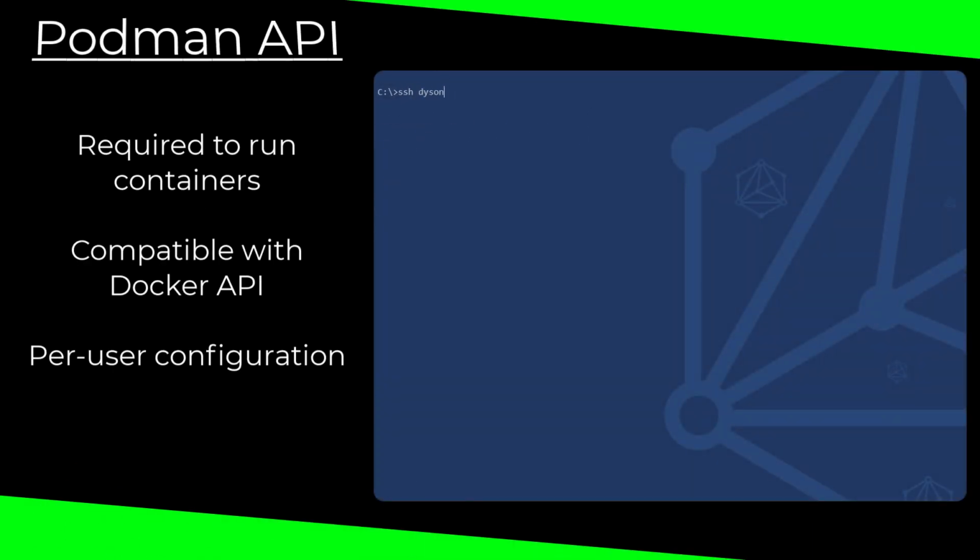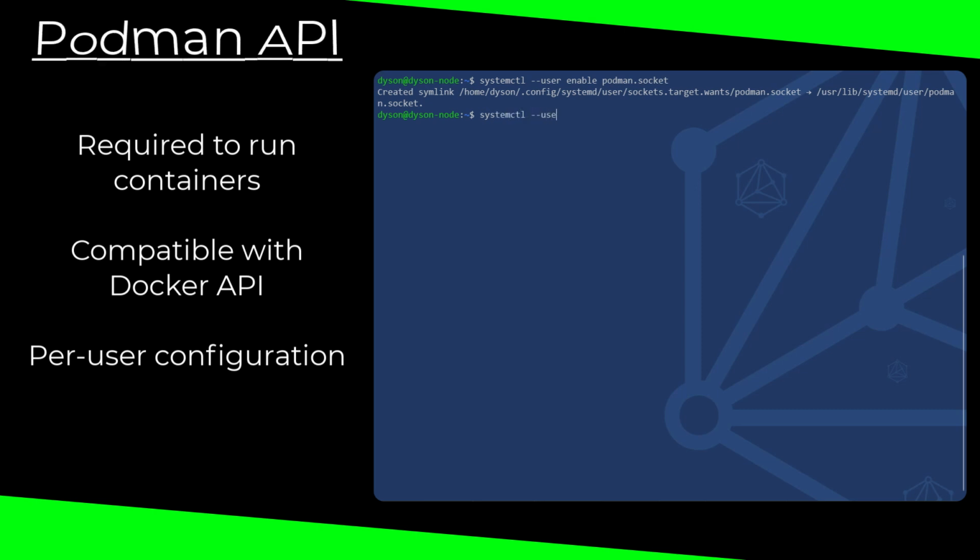Now we are ready to enable Podman API. To do that, first we access the system using the Dyson user created in the previous step, and then using the systemctl command we enable systemd services, which will make Podman able to spin the containers in the user context.